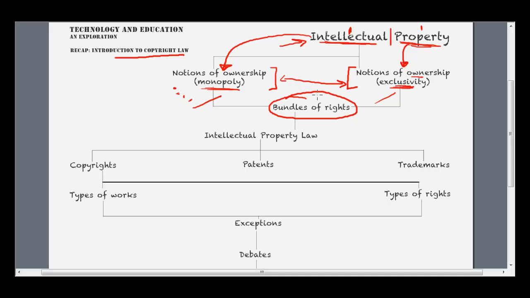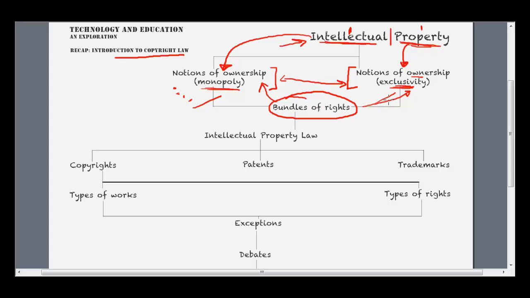So a bundle of rights means, just like we said, you could do so many things with property that you own. All those different things together constitute the bundle of rights that translates into ownership under the law.